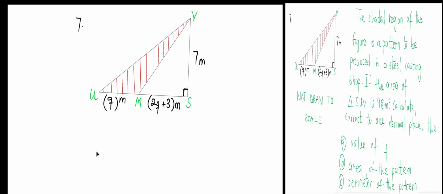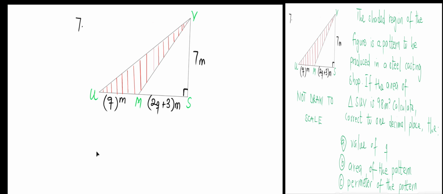I read: the shaded region of the figure is a pattern to be produced in a steel casting shop. If the area of triangle SUV is 98 square meters, calculate, correct to one decimal place: A, the value of Q. B, the area of the pattern.